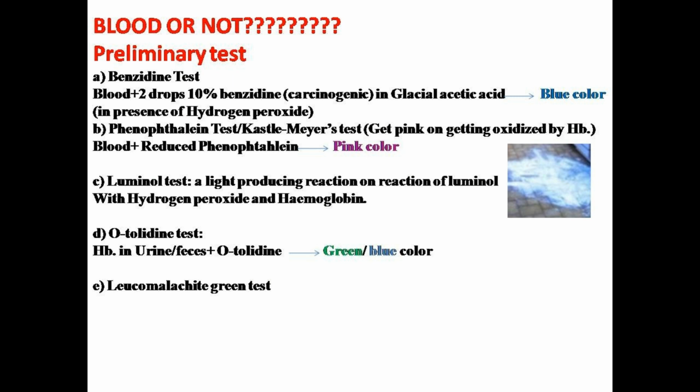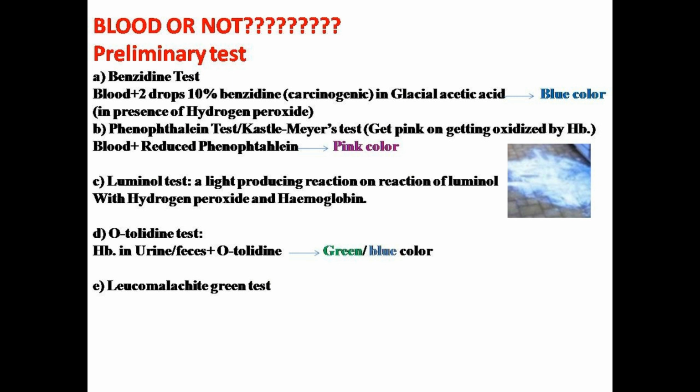So, the first test is the benzidine test. It is based on hemoglobin present in the blood. Blood contains peroxidase which gives a reaction with benzidine. But this is not a very specific test for blood. It may be blood or may not be. It is done by mixing blood scrapings on a filter paper plus 2-3 drops of benzidine solution.